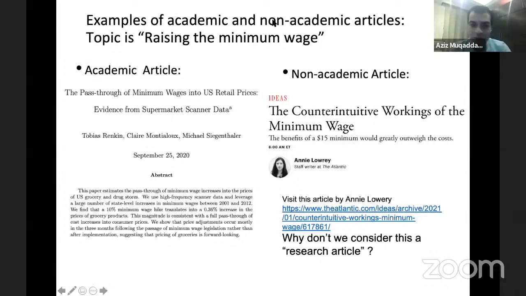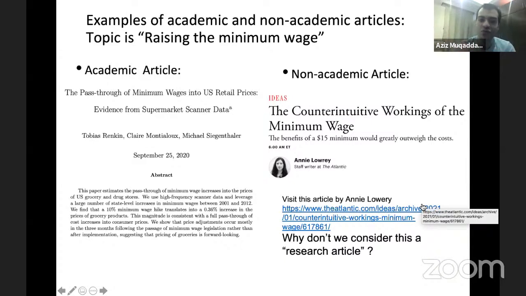You can look up her article in the Atlantic. That's one reason we won't consider that an academic article, because if you go and look over that article, she is not collecting data herself.